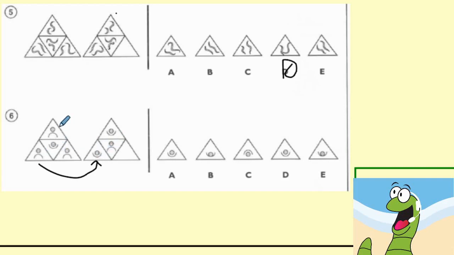Let's have a look at the top one, the easiest one there, and we can see again the circle and the shading stay the same, the curve gets flipped 180 degrees. So we're looking for one that is exactly the same. We can get rid of those two here, and the answer for question 6 is D as well.